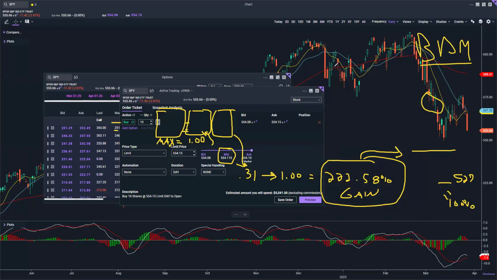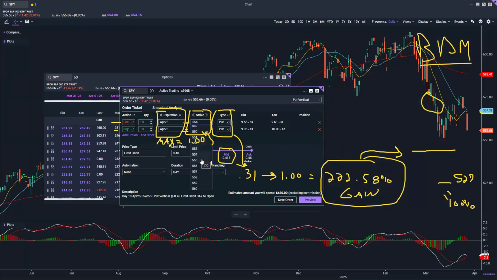So that was the position that we were just looking at right there, that vertical put spread. We were looking at the 546 and the 545.